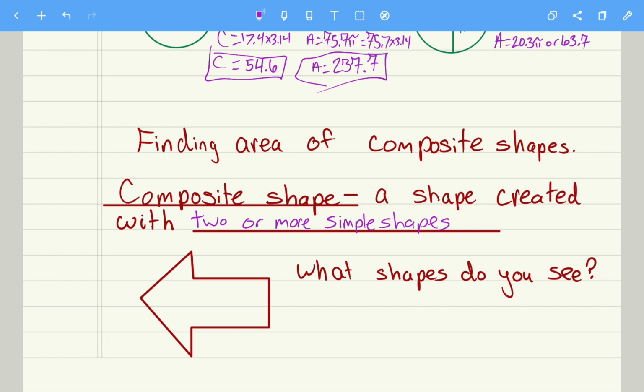So as we see here, we have an arrow. And I notice if we split it here, we can see one triangle and one rectangle.